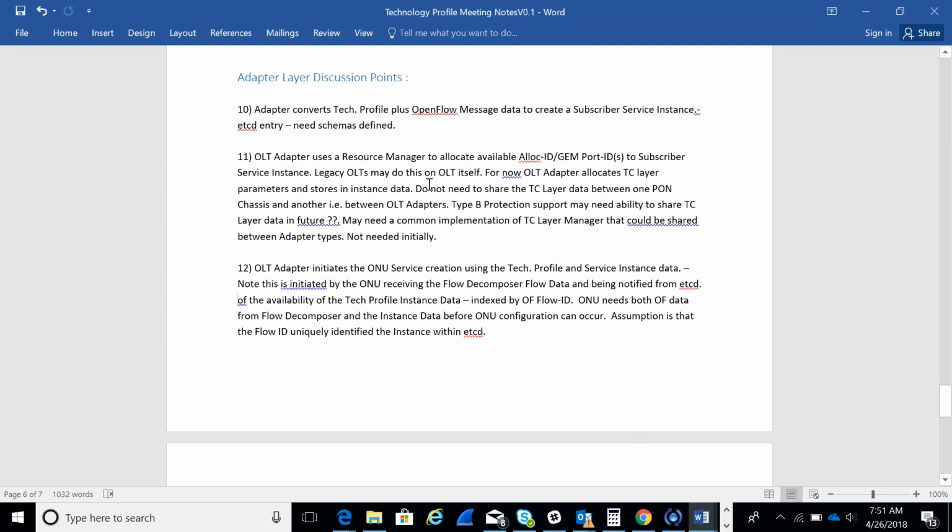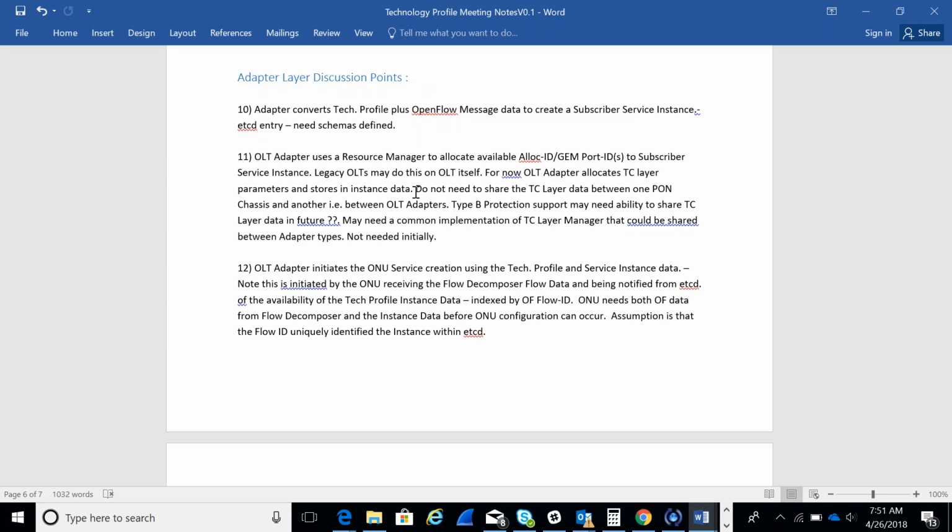The OLT adapter uses a resource manager to allocate available ALLOC IDs and GEM port IDs. We talked basically that in order to simplify things in the short term, the resource management would be at the adapter level. We talked about potentially bringing that as a common resource manager function that can be used across adapters.